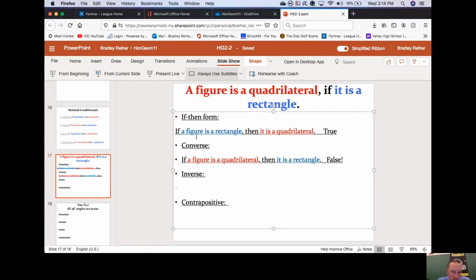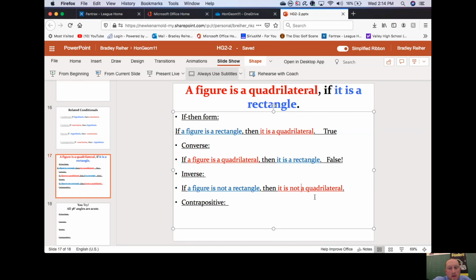Inverse looks just like this conditional, so I'm going to copy it and paste it. But there's one difference. You need to negate the hypothesis and negate the conclusion.